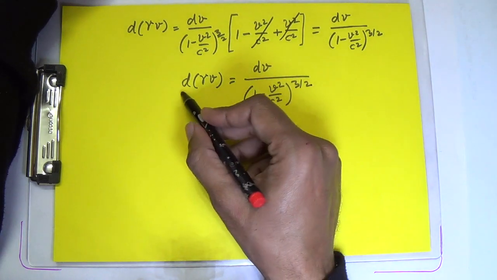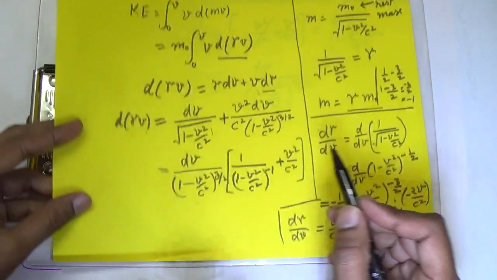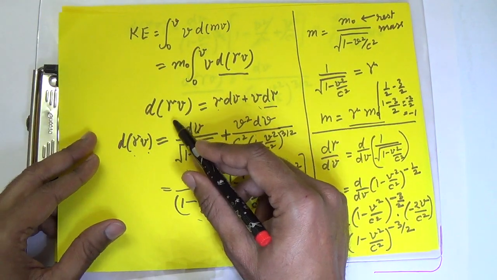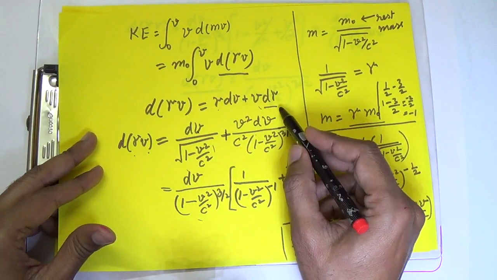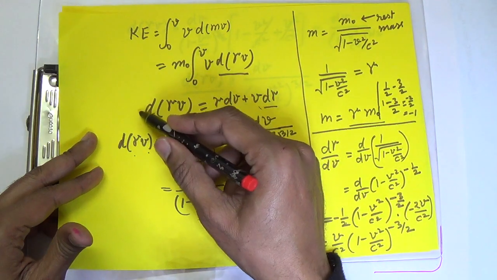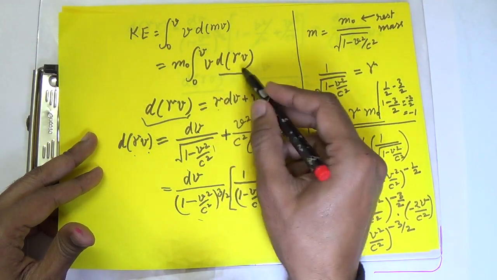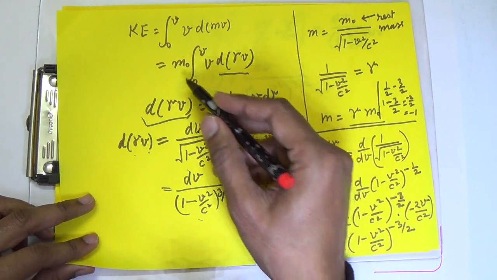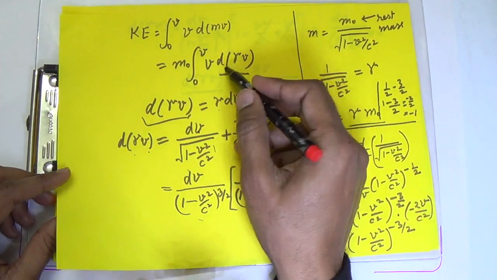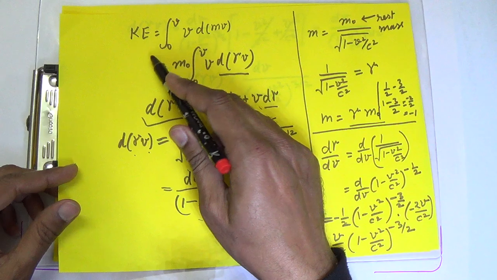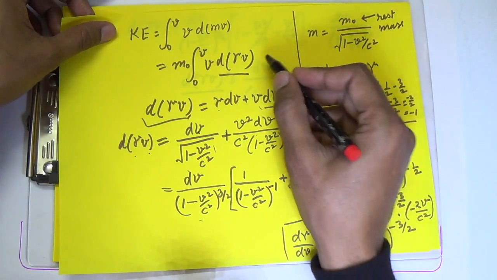So now I have to put this value into this particular integration. d(γv) is equal to this one, so I put the d(γv) value here in the formula of kinetic energy.